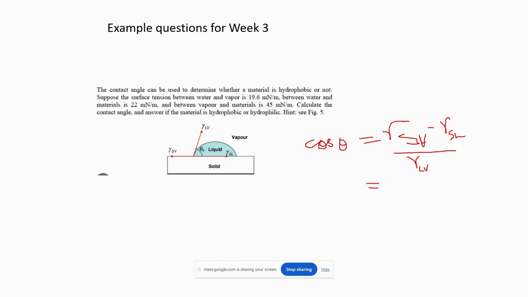So SV here is given as 45, that is the vapor and material, that is solid and vapor, and then SL, solid and material, sorry, water and material, that is 22, and then we have LV, which is water and vapor, 19.6.